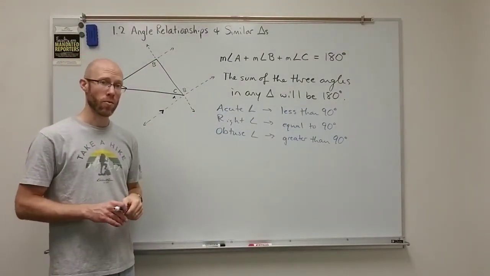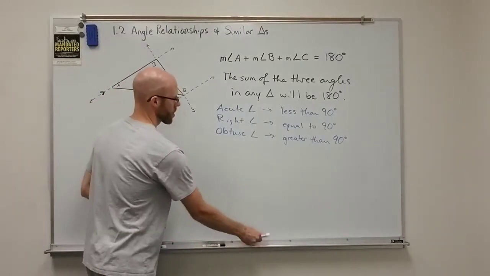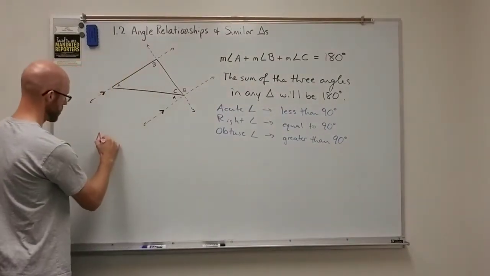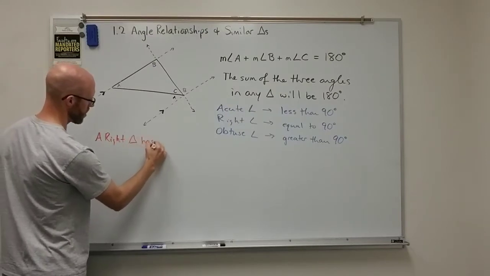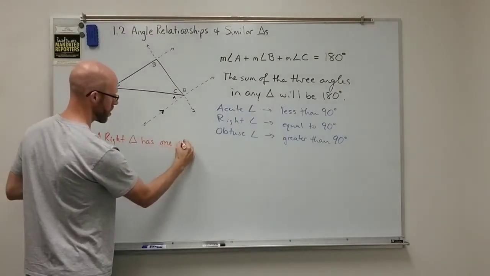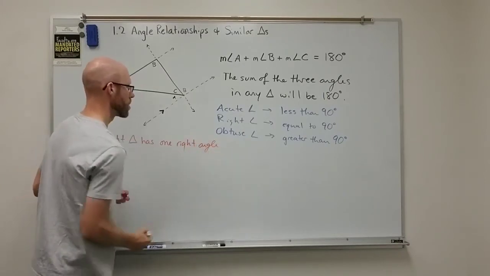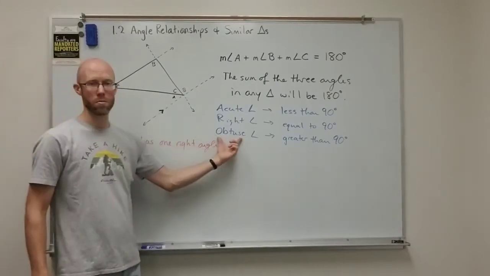And if you did have a right angle, we call those a right triangle, okay? So a right triangle has one right angle, okay? Similar argument can be used for obtuse angles, right?